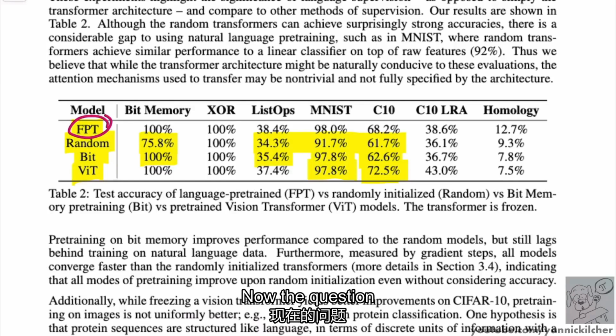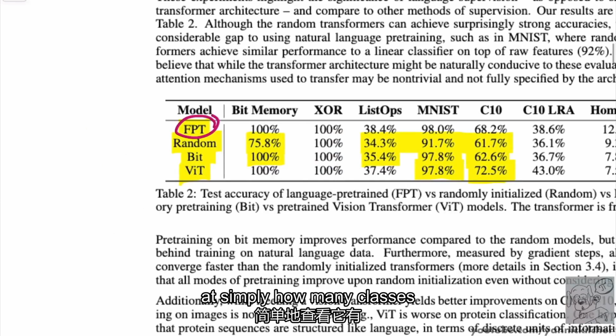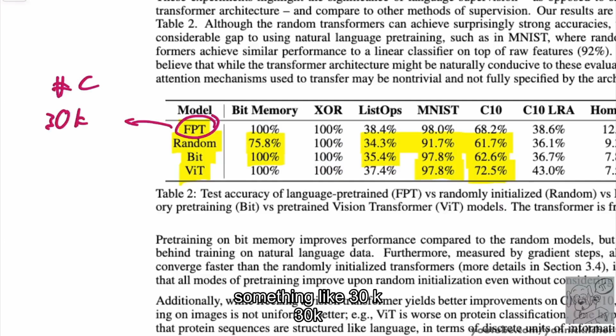Now, there are multiple questions here. I think it is a bit too early from just this paper to say that language modeling has this special property. What I think might also be an explanation is, for example, how difficult is your pre-training task? When you look at language modeling, you can look at simply how many classes it has. The number of classes in language modeling is something like 30K, like these vocabularies are fairly large.